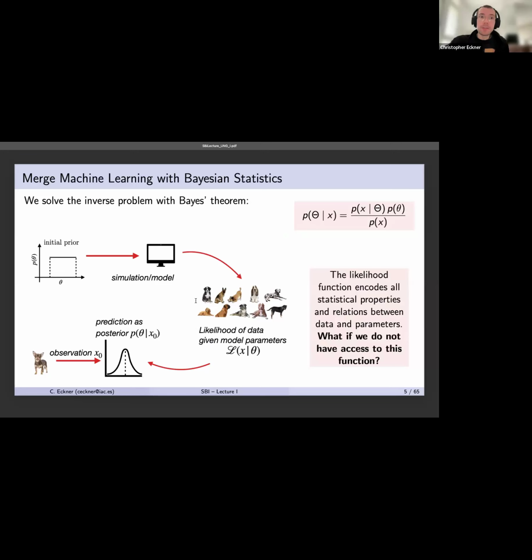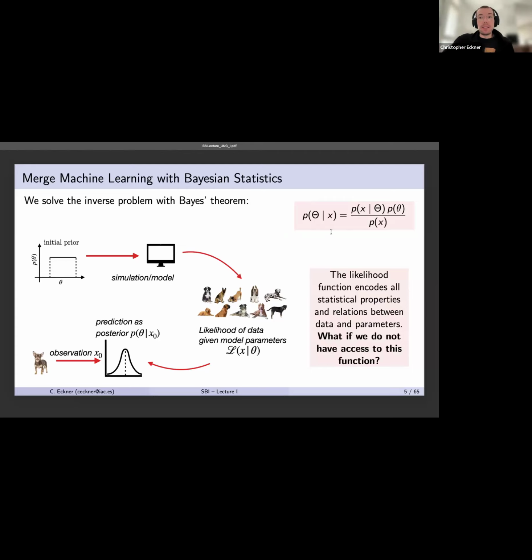The idea here is to merge machine learning with Bayesian statistics. So we want to solve the inverse problem with Bayes' theorem. Bayes' theorem is one particular way of doing statistics, and this comes more with the human intuition of what we learn by multiple observations of a certain event.